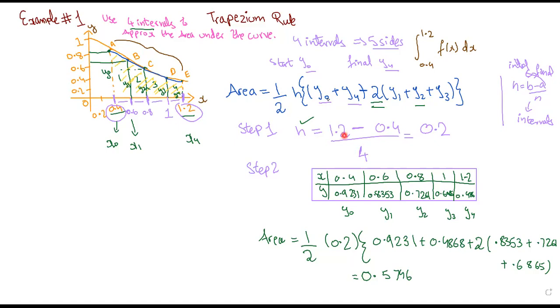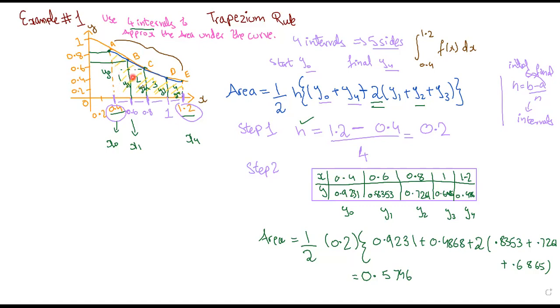Next, you need to find out your y's. So for finding out y's, you need to first find out your x. In this case, particularly, you could have found your y's without finding x's, because you had a graph and you were asked to do it through the graph.